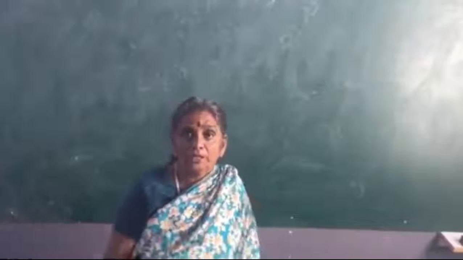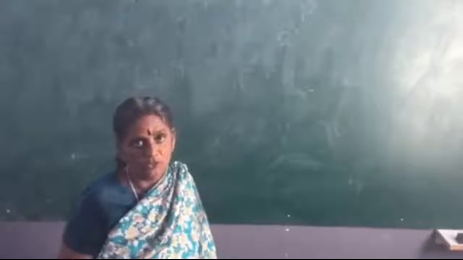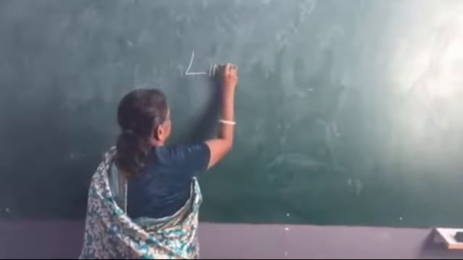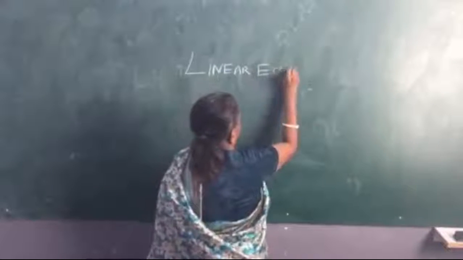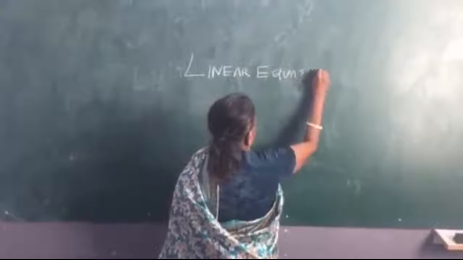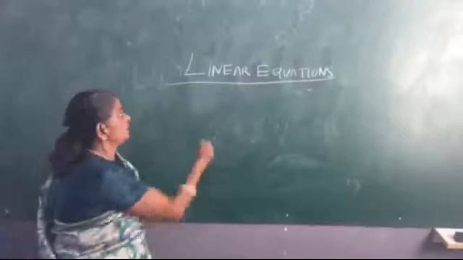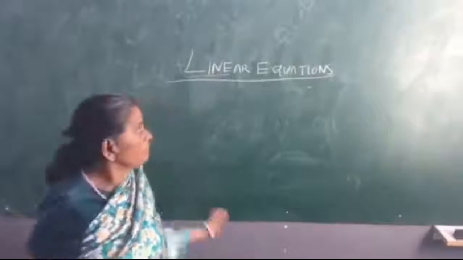Okay, now I am going to introduce linear equations as per the CBSE syllabus, 10th standard. See, first let us see the word linear. It comes from the word line.